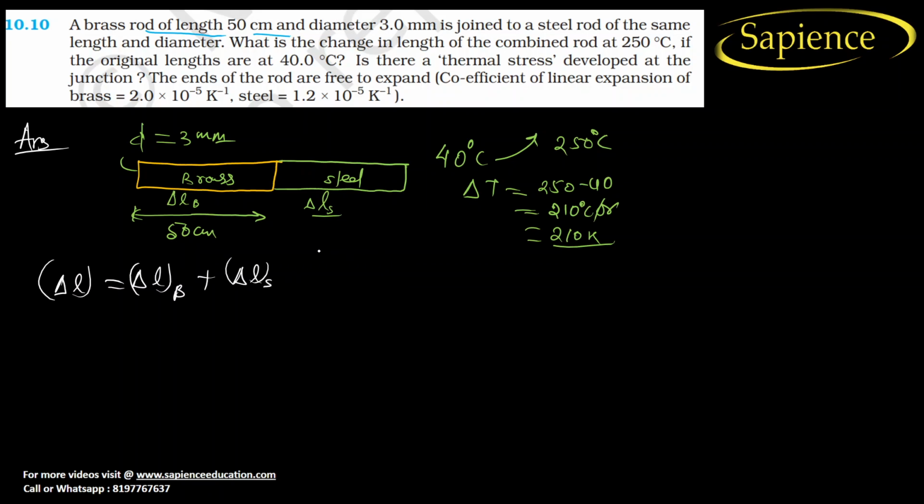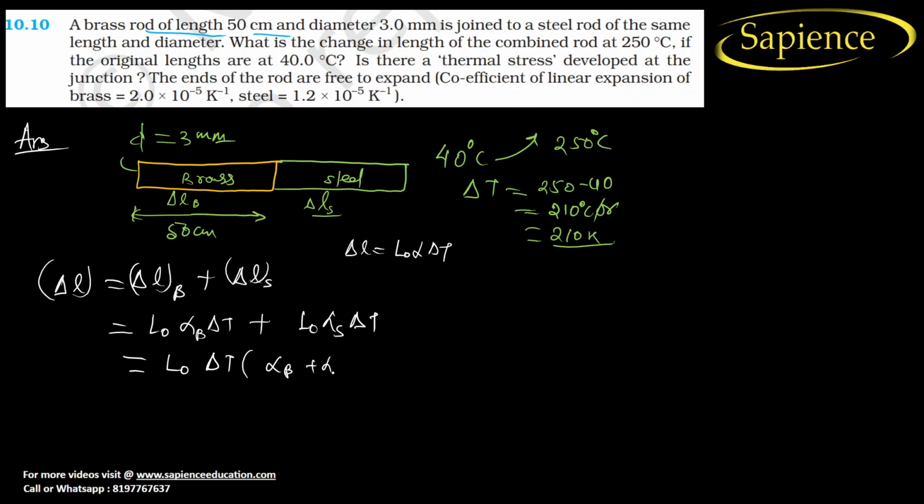We know the very important formula: change in length is equal to L naught into alpha into delta T. For brass, it is L naught, alpha brass, into delta T, because the change in temperature is the same and the length is also the same. For steel also the length is the same, but alpha steel is different, and the change in temperature is the same. So we can take L naught into delta T as common, and we have alpha brass plus alpha steel.